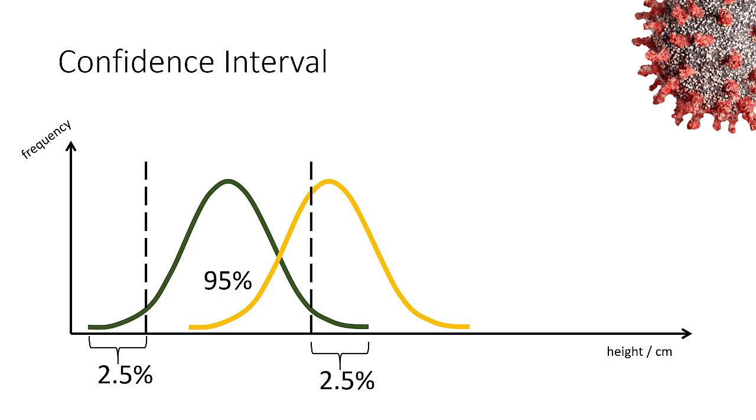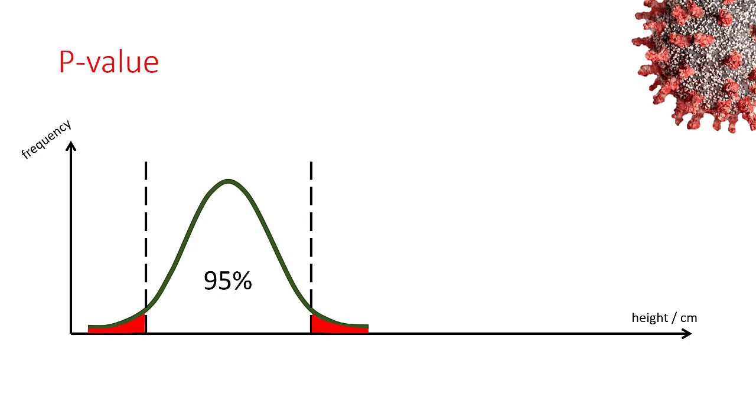Now that you understand what is confidence interval, let us go through this thing called a p-value. It is the same graph, and the p-value, I have shaded it in red. P-value, P here stands for probability.